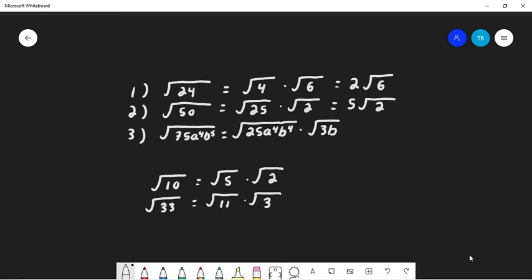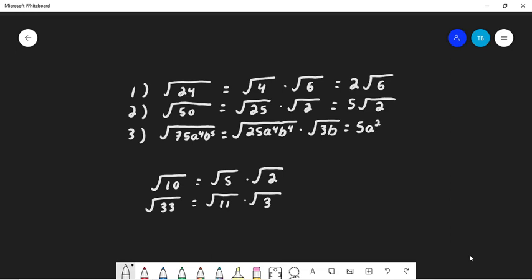Okay? And then the last step again would be to find the square root of the perfect square. So that would be 25 a to the fourth b to the fourth. So the square root of 25, again, is 5. Square root of a to the fourth, remember we take the exponent and divide by 2 to find the square root, so that would be a squared.